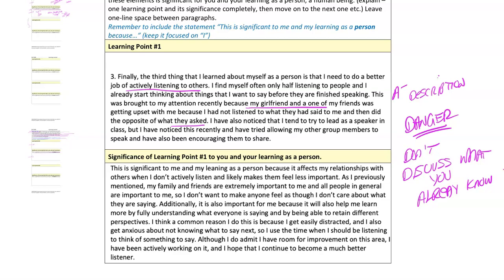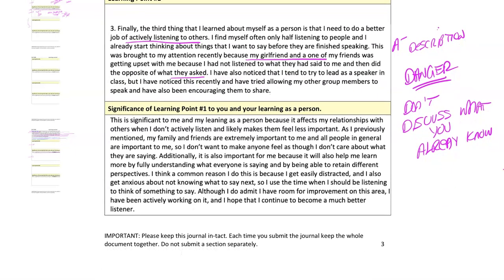Now let's look at the significance and what the person wrote there. This is significant to me in my learning as a person. Again, that sentence is always going to be there because it affects my relationships with others when I don't actively listen and likely makes them feel less important. As I previously mentioned, my family and friends are extremely important to me, and all people in general are important to me, so I don't want to make anyone feel as though I don't care about what they are saying.